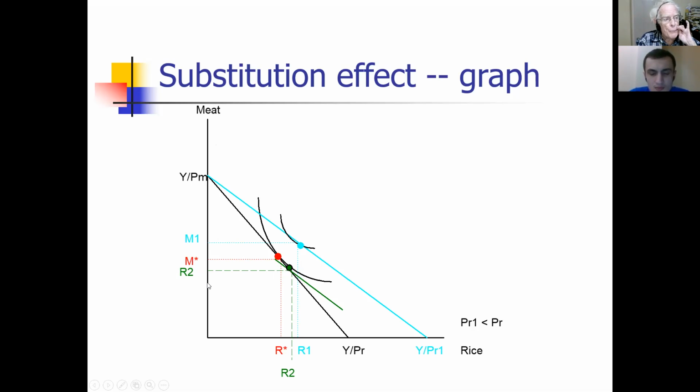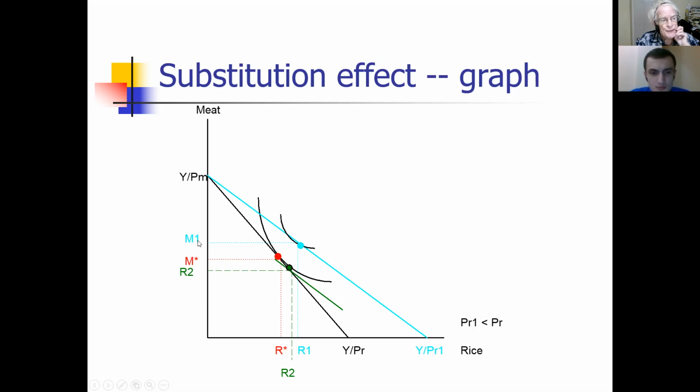So the income effect is that we increase our consumption of meat from R2 up to M1. From here over to here. Like that.